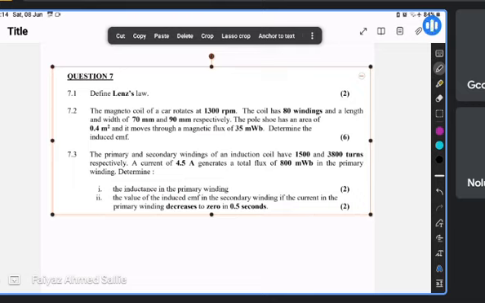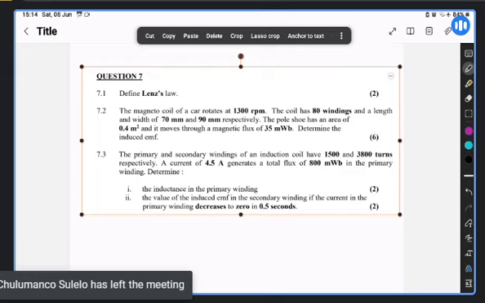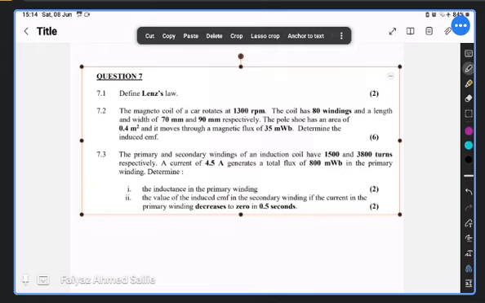If I search on the internet, it states that Lenz's law states that the direction of the induced EMF will be such that if it were to cause a current to flow in a conductor or an electric circuit, then the current would generate a field that would oppose the change that created it.